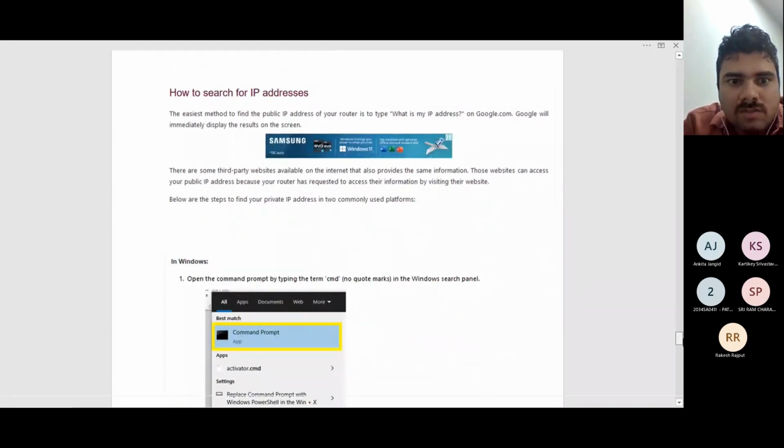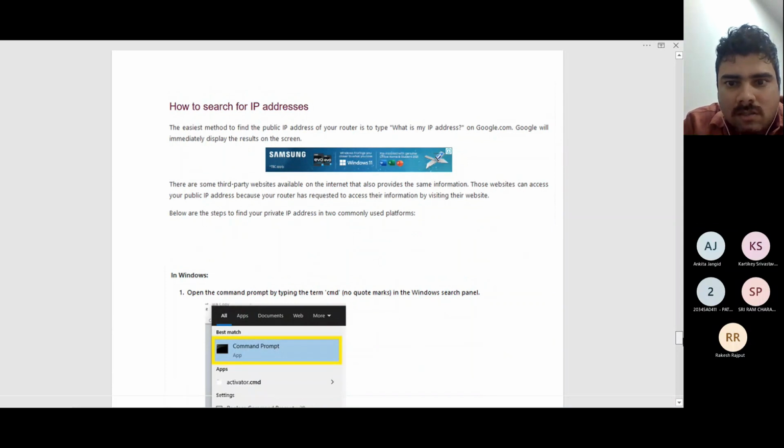So again, how to search for an IP address? The easiest method to find a public IP address, which is a global IP address, is to type "what is my IP address" on google.com. Google will immediately display the result. So Google will display your ISP's IP address.